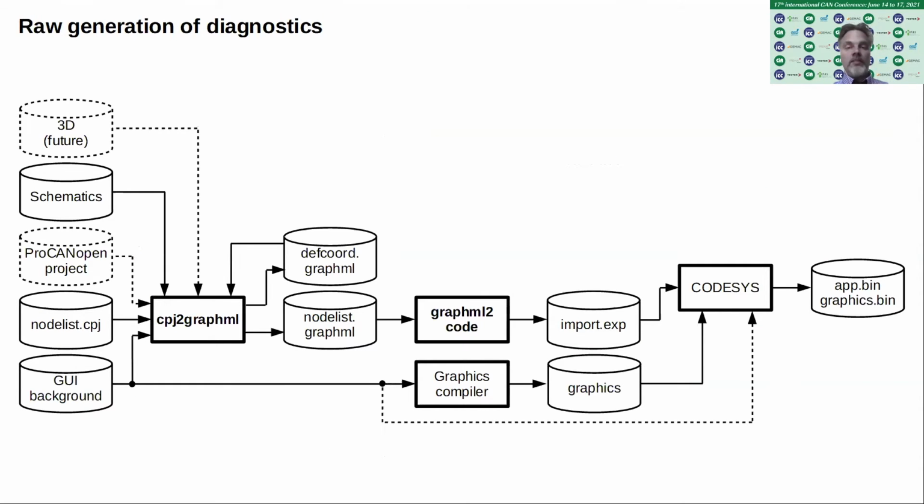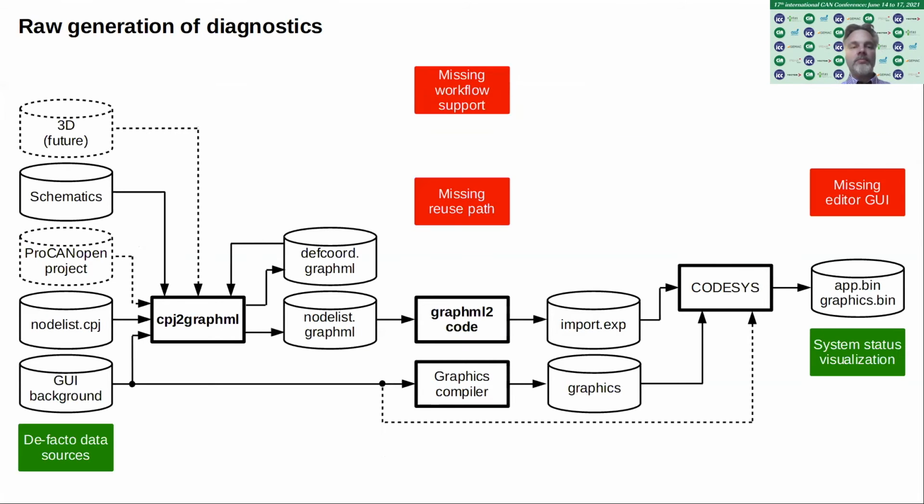And what we have both developed, used, and published before, we have evaluated generation of diagnostics interfaces automatically, but there have been some bottlenecks. Of course, we have been relying on de facto data sources, mainly the standard CANopen project files.